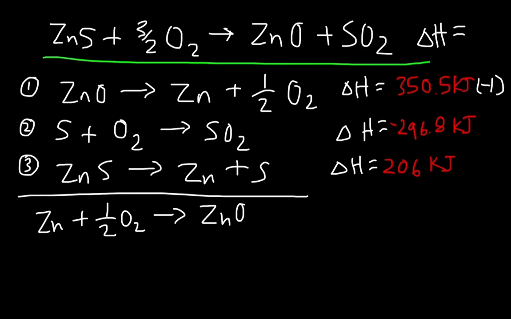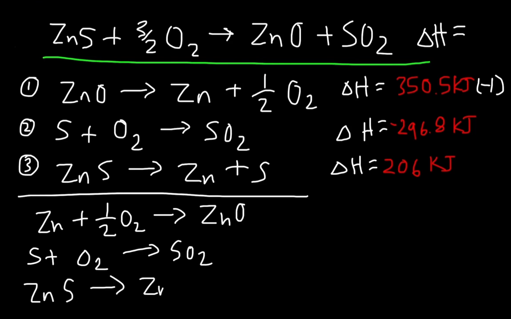Now the second equation, I just leave it, so it's going to be sulfur plus O2, which gives sulfur dioxide. And the third equation is the same as well, so zinc sulfide, which decomposes into zinc plus sulfur.